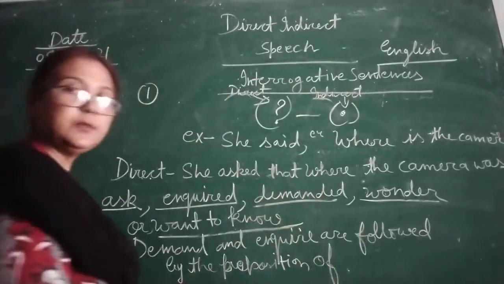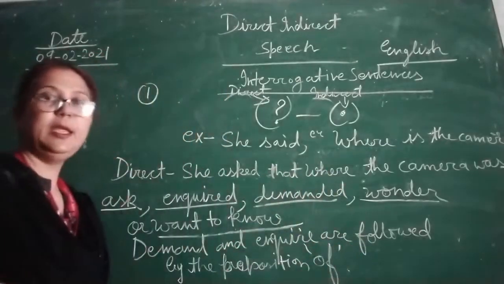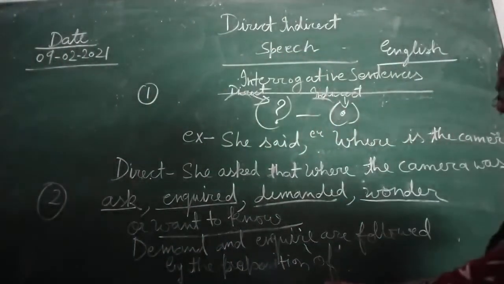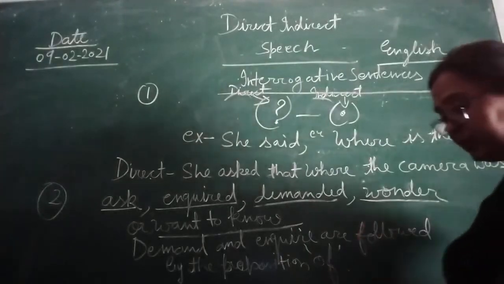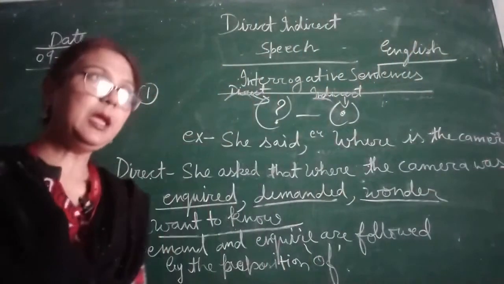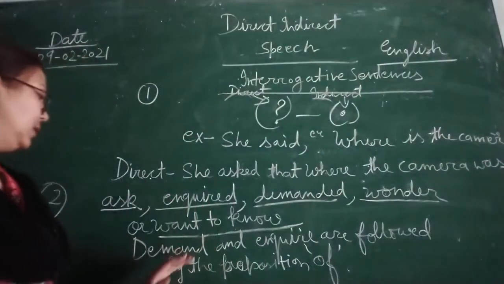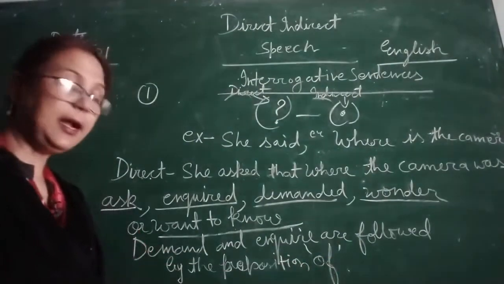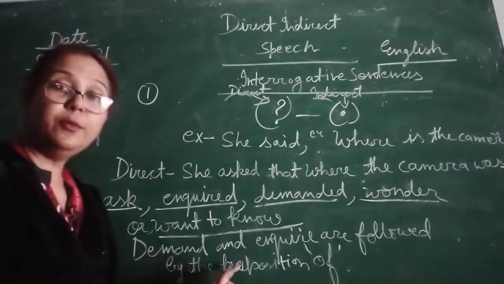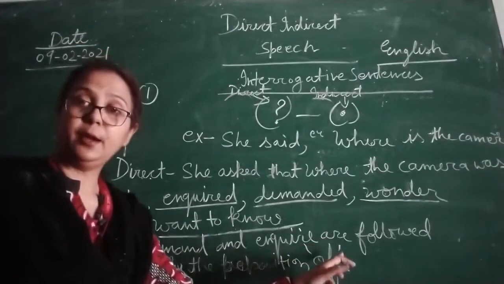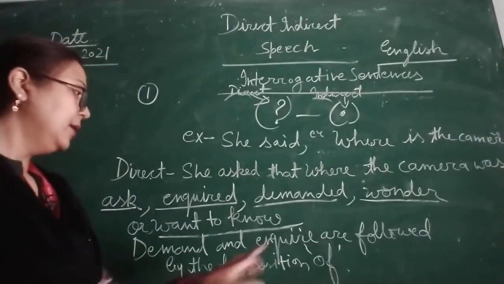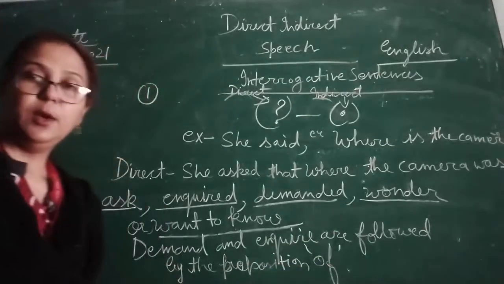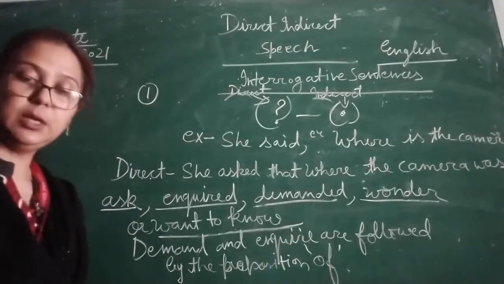Okay, this is very important. Whenever you are writing inquired or demanded, at that time you will use the preposition of. So always remember, whenever you are using demand, demanded or inquire, you will use demanded of or inquired of. So they are followed by the preposition of. Okay children. Now we are moving to the third rule.